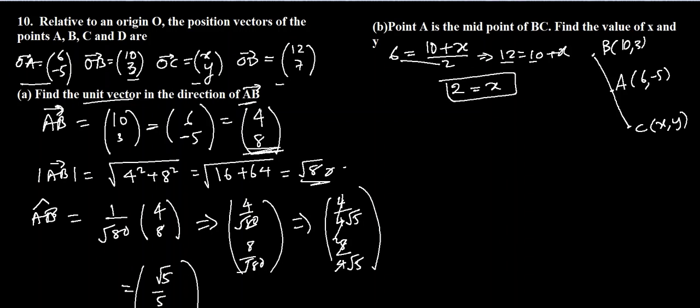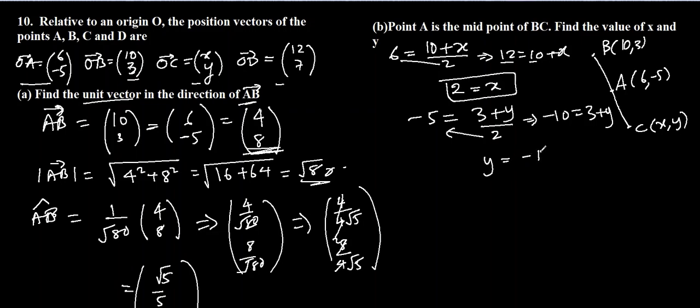The x coordinate is 2. What about y? Minus 5 is the y coordinate of the midpoint, which will be 3 plus y divided by 2. If I cross multiply this again, it will give me minus 10 equal to 3 plus y, and y will be minus 10 minus 3, which will be minus 13. So we got x and y.